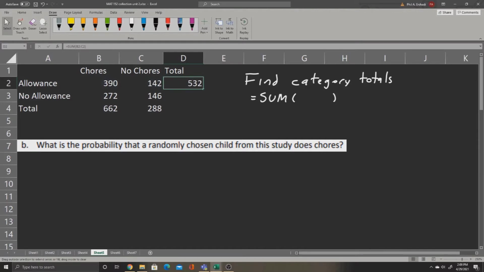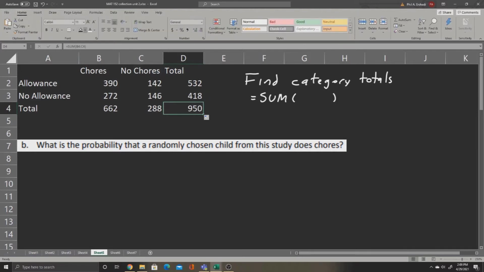If we use the black cross and move down, we can see 418 children do not get allowance. And in the bottom right-hand corner, we have the overall total of 950 children total. We'll mark that in gold, and we'll mark our category totals in blue. So we'll be using the category totals and the overall total to find these probabilities.